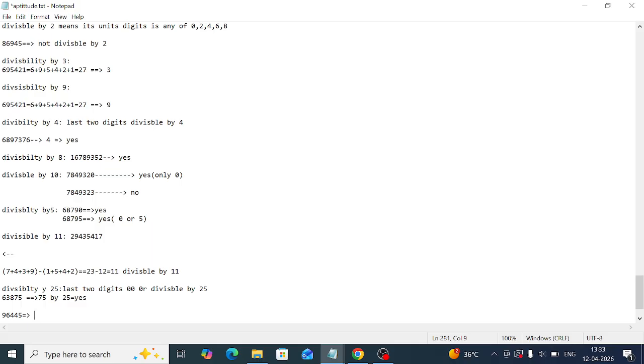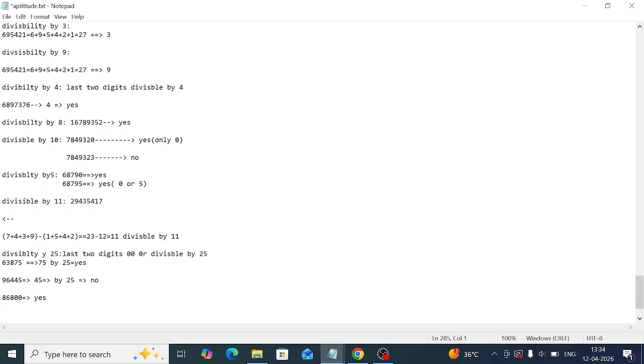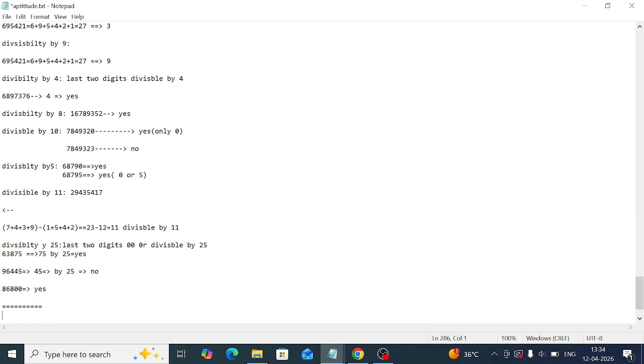Last two digits 45. Is 45 divisible by 25? No. I will take one more example, 86800. If it is 00, then the condition is satisfied. Last two digits should be 00 or divisible by 25.